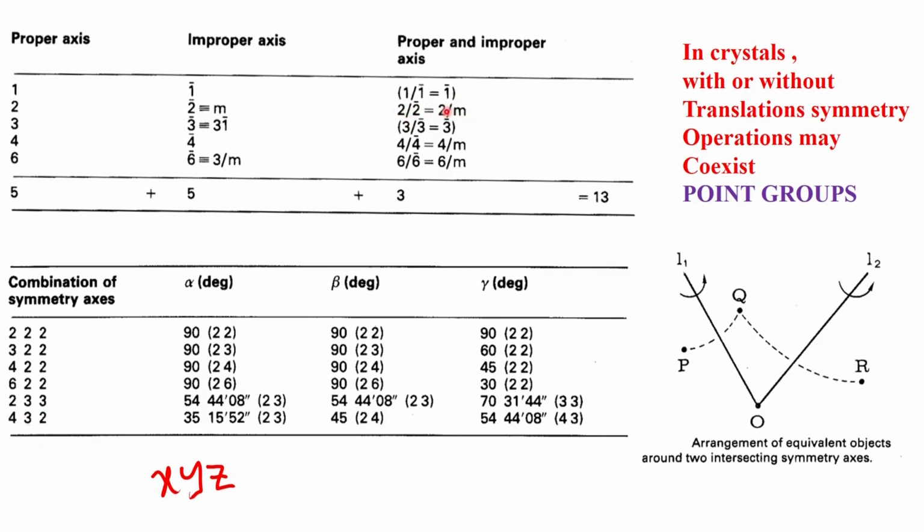So, there is a twofold symmetry and there is a mirror perpendicular to the twofold symmetry. So, this is a different operation than just a mirror or just a twofold axis.